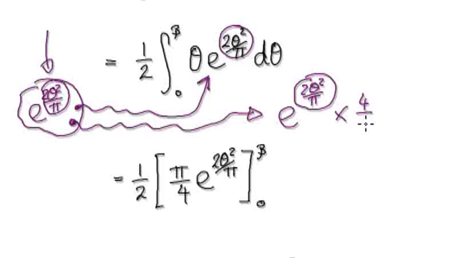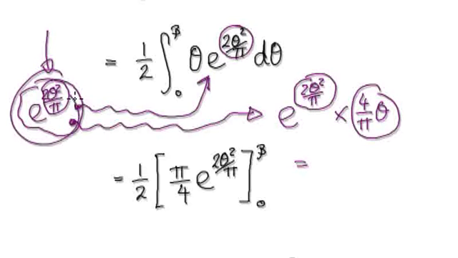4 over pi theta. So when you differentiate this, it will give you this, but then you've got to multiply by the derivative of the bubble itself, which will be this. So this is your initial guess.